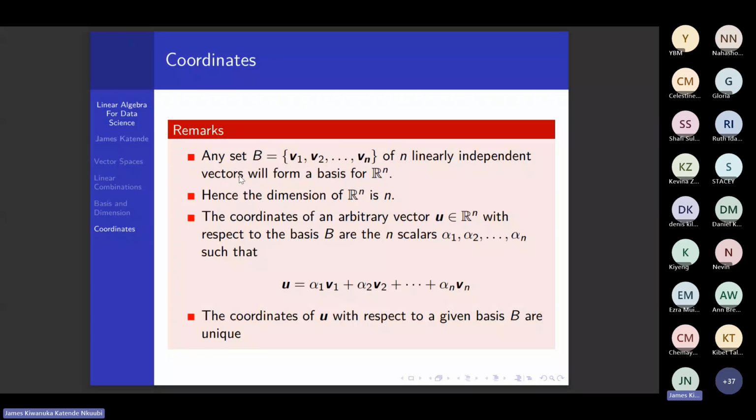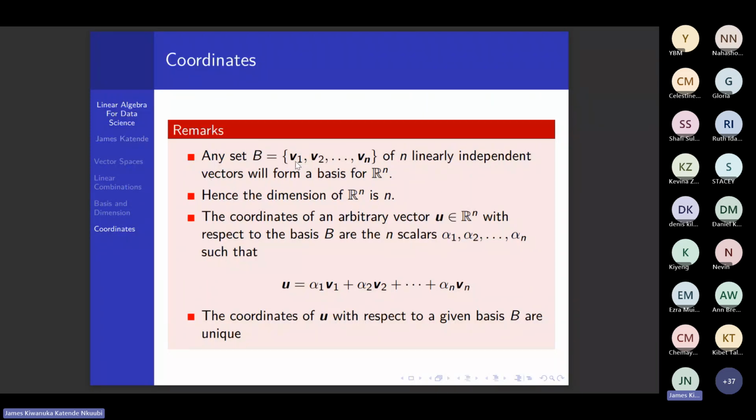Now, if you're working in Rn, then the dimension will be n for Rn in general. So any set of n linearly independent vectors in Rn will form a basis. Okay, keep that in mind. These things will come up later in a little more detail. For now, just take them as they are.